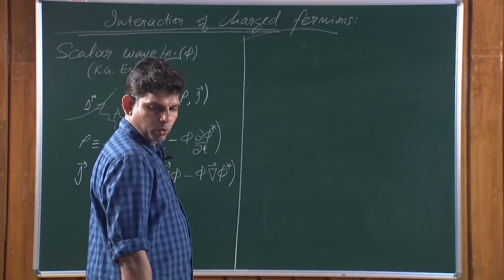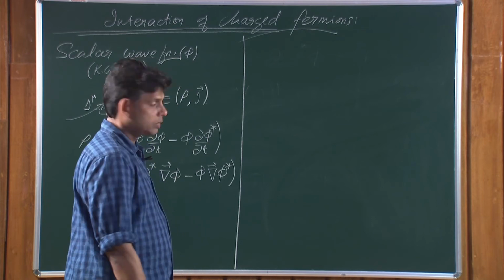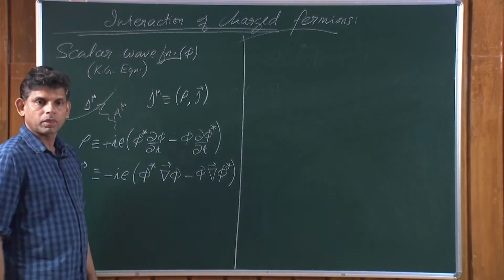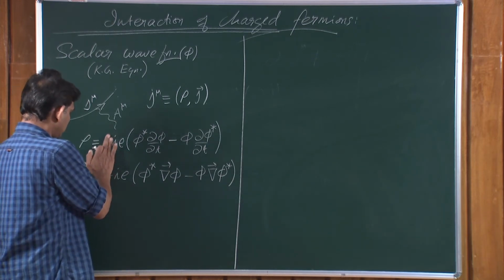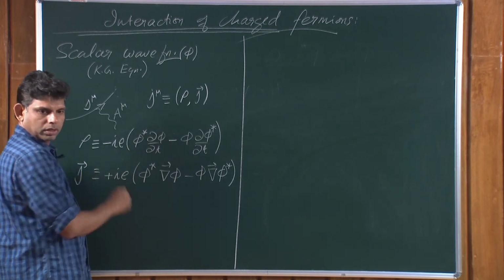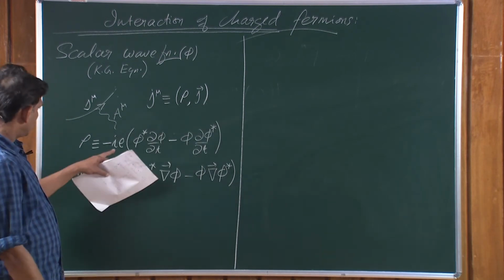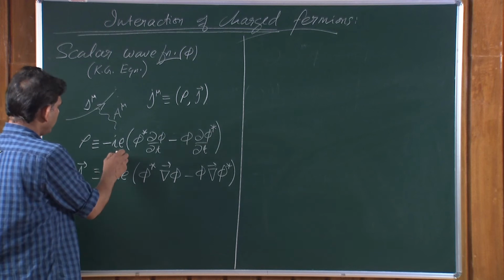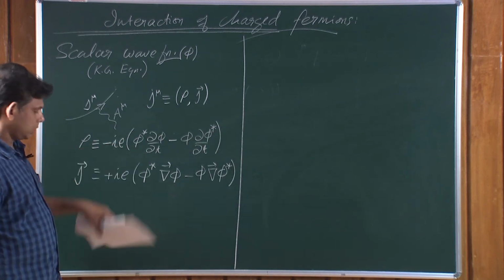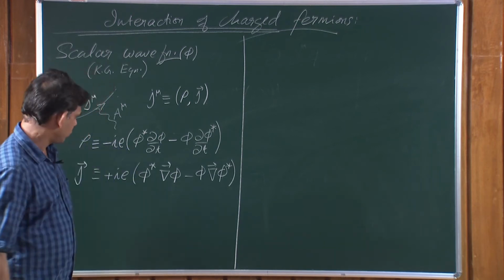Now, for electron, I think I made a sign error earlier, and this should have been, for electron with minus E charge, minus I e. Okay. Sorry for that.